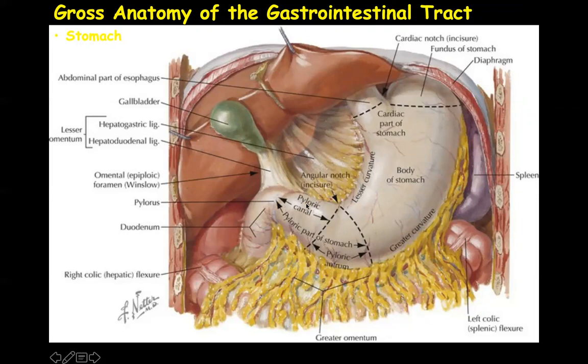Other features of the stomach to know are the lesser curvature, that smaller superior border of the stomach, and the attachment site of the lesser omentum, and the greater curvature of the stomach, that large inferior border of the stomach, the attachment site for the greater omentum.